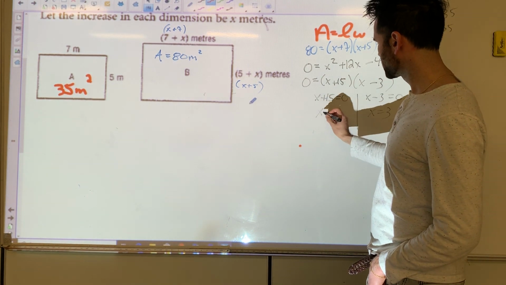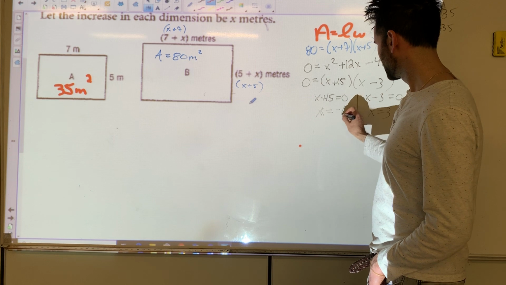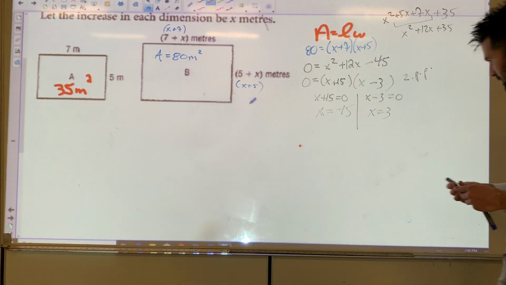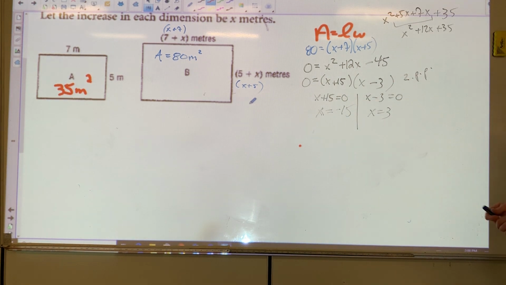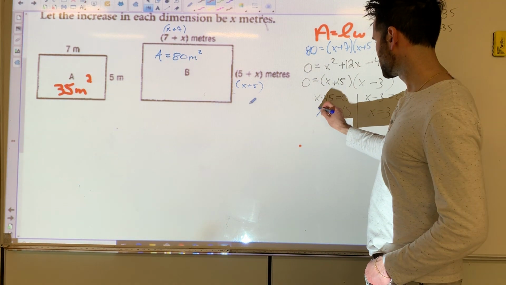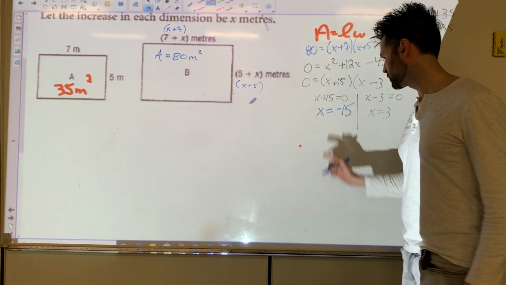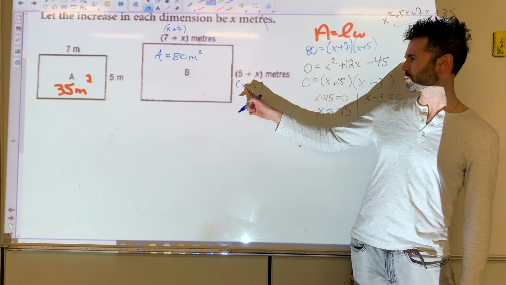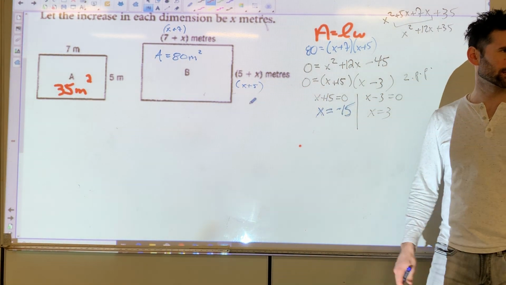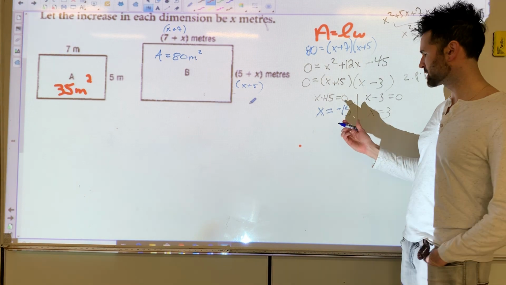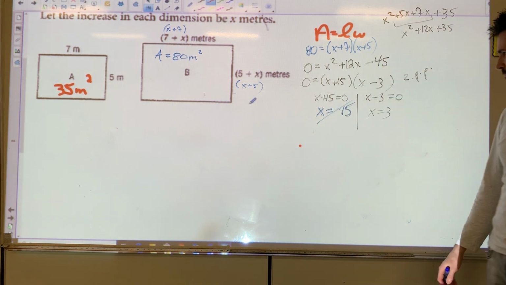The other possibility is that x equals negative 15. You have to interpret your answers because it's a real world problem. Can we have a negative dimension, like negative 15 plus 5, which is negative 10? No, it just doesn't make sense, so that's an extraneous solution.